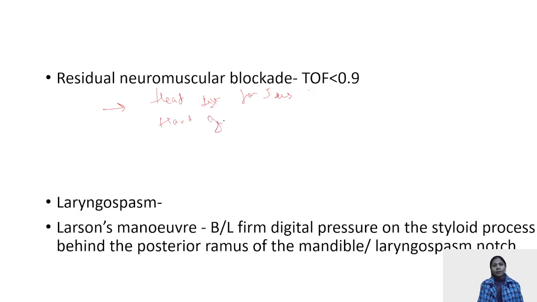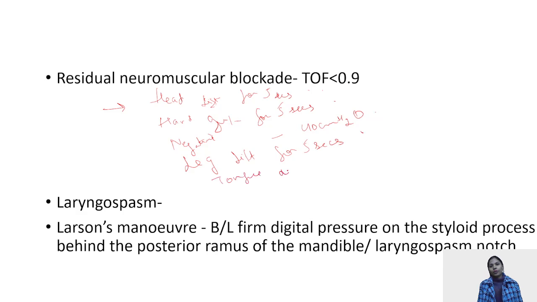Similarly, hand grip for 5 seconds. Negative pressure has to be developed around minus 40 centimeter water. We can have leg lift for 5 seconds. Or the tongue depressor test is positive. All these are reliable parameters for a successful extubation.